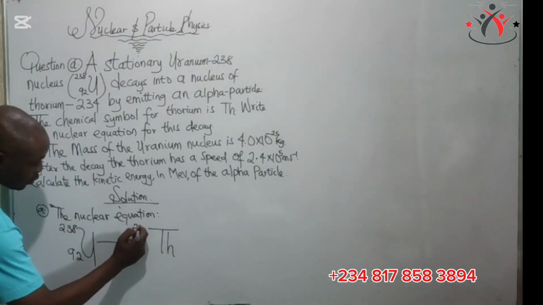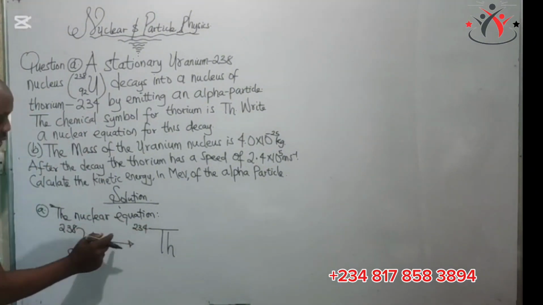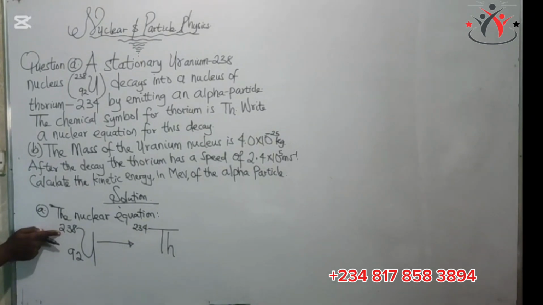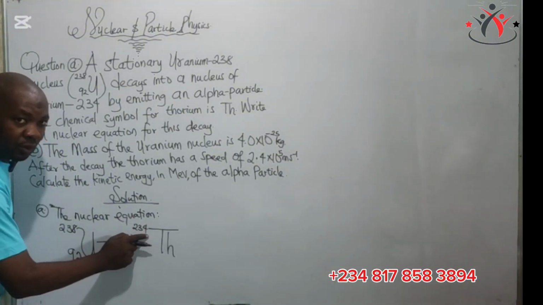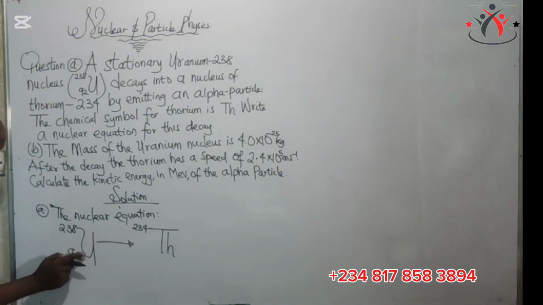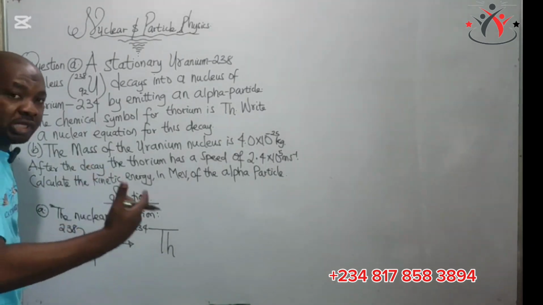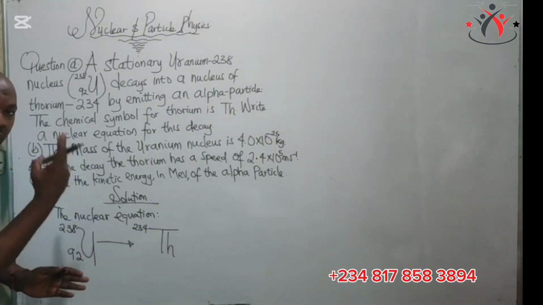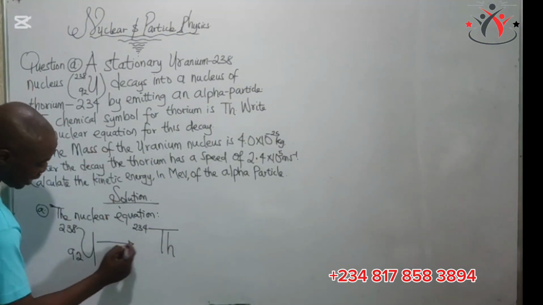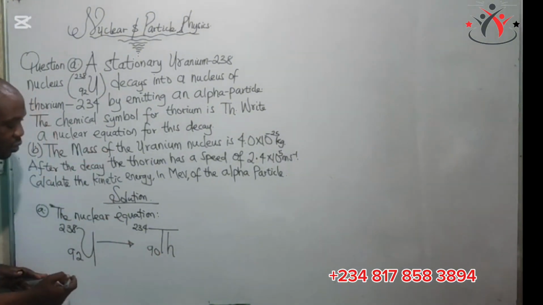So this is 234. That means the atomic mass of uranium decreases by 4, so the atomic mass of thorium will be 234. Don't forget, because it loses an alpha particle, the atomic number of uranium will also decrease by 2, so this is going to be 90.